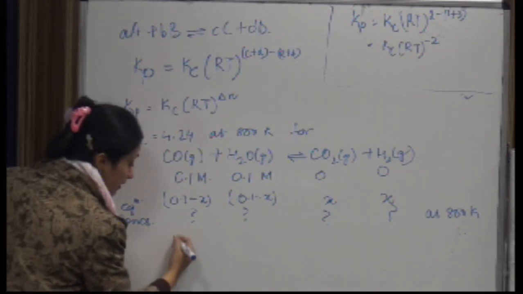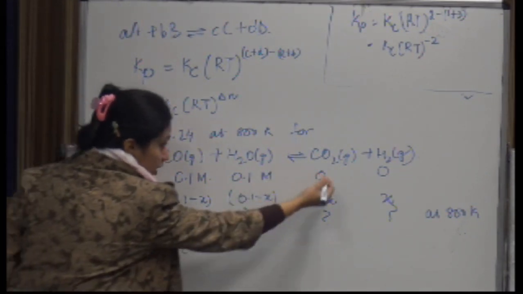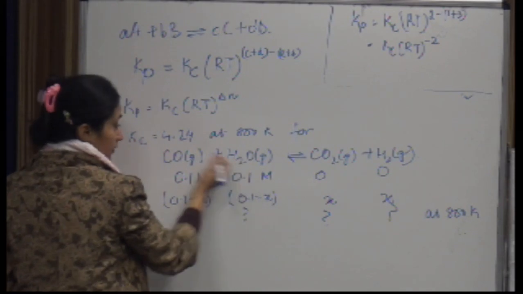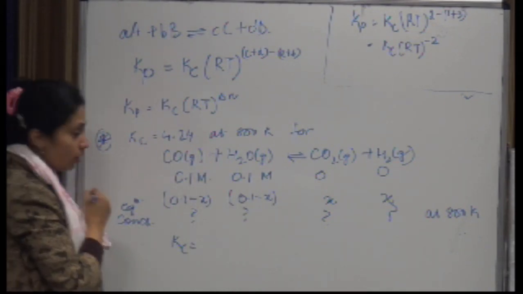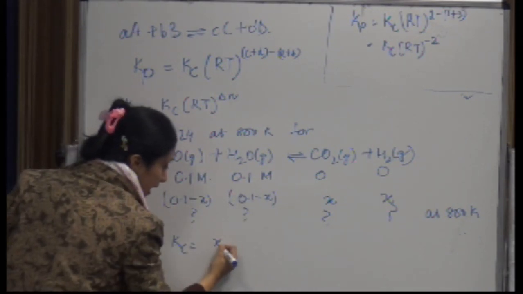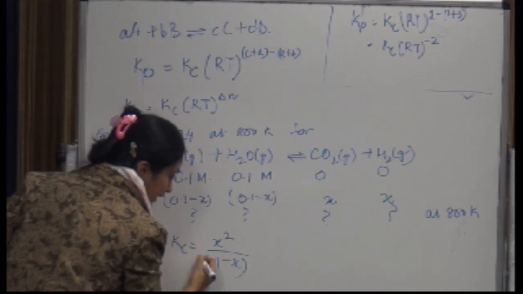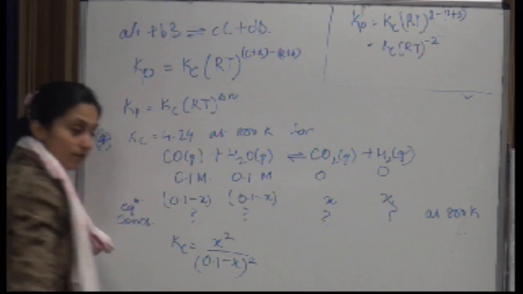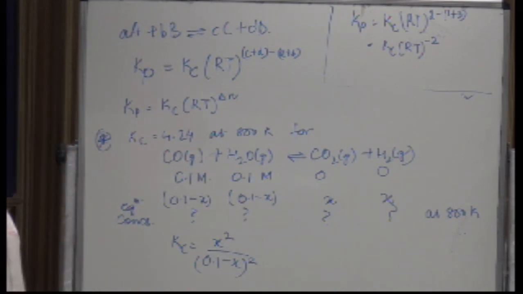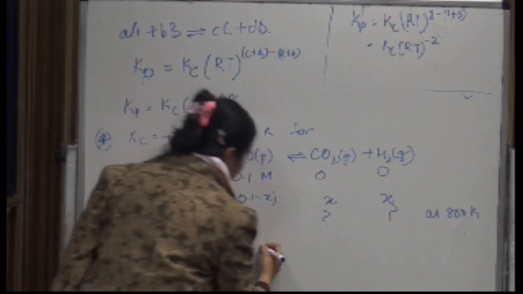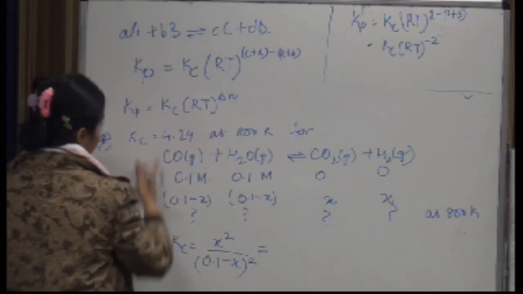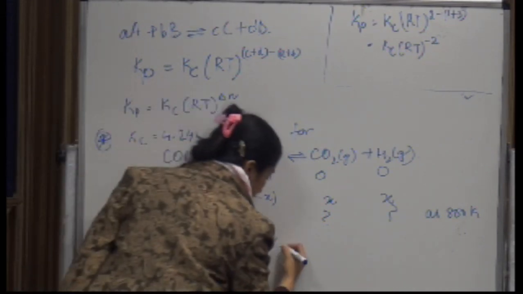So here your Kc will be equal to [CO2][H2] upon [H2O][CO], which is x into x upon (0.1 minus x) into (0.1 minus x). That will be (0.1 minus x) whole squared, and that will be equal to 4.24, which is given in the question.